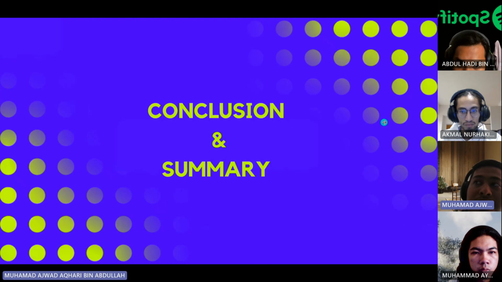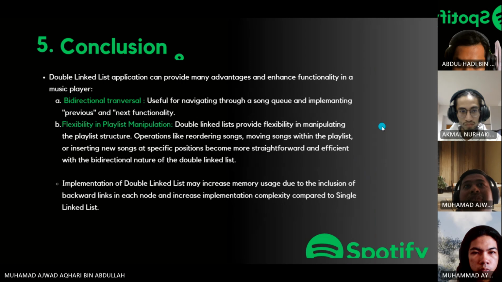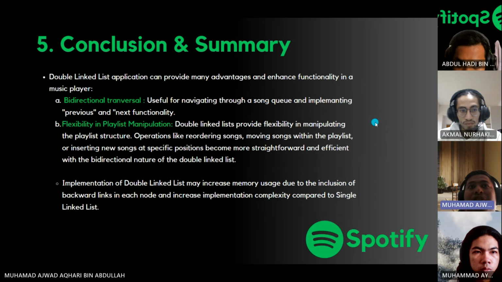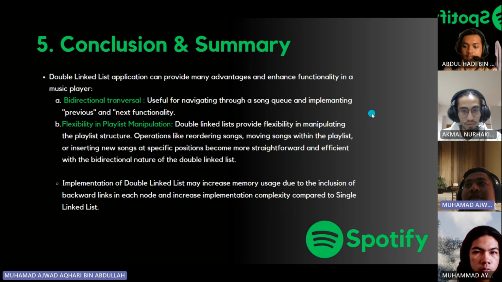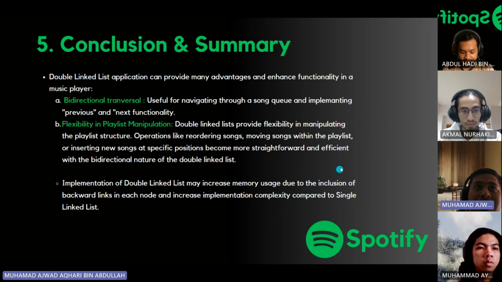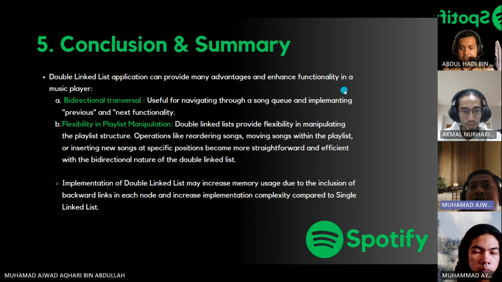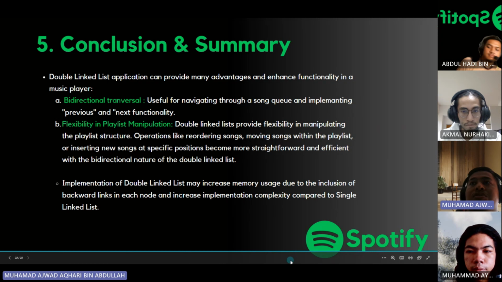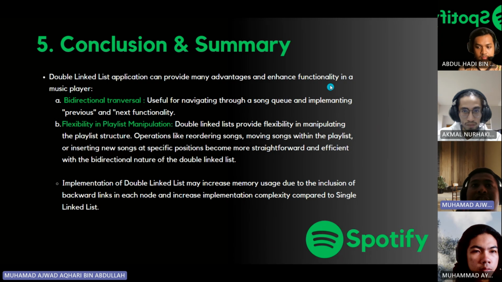And for the conclusion and summary, the doubly linked list application can provide many advantages and enhance functionality in a music player. The first one is bidirectional traversal. This is useful for navigating through a song queue and implementing previous and next functionality.